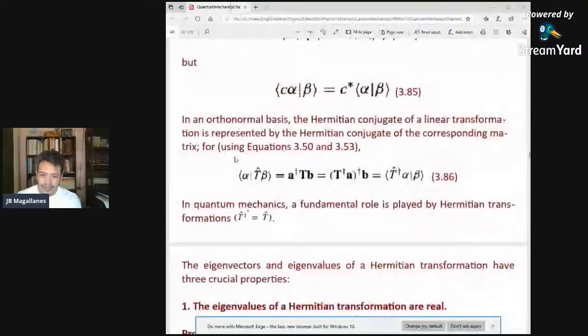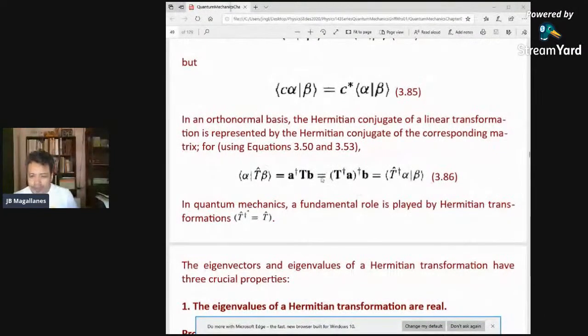So again, T is represented by matrix T. So you have the inner product in terms of matrices. You have alpha represented by a column matrix, and this is now a row matrix, and the B is a column matrix. A column means vertical matrix. A row matrix is a vector written horizontally.